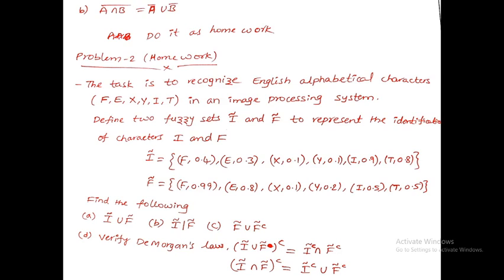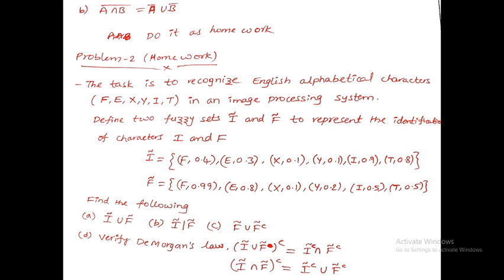Now you have to find out the I union F. That is not complements, not I complement and F complement. That is just I fuzzy set. It is represented like that in a few literature. I union F. Second question is I difference F, that is nothing but I minus F.